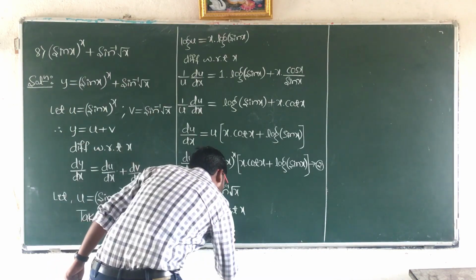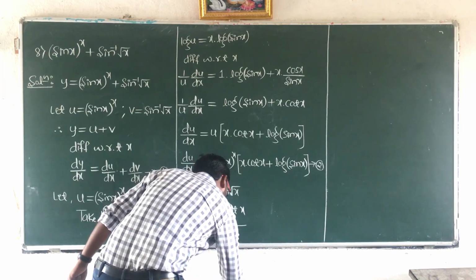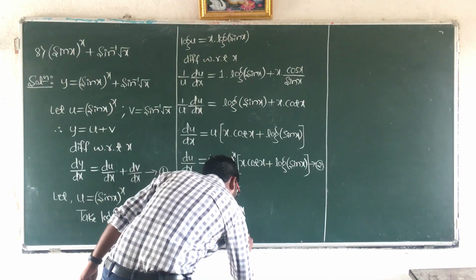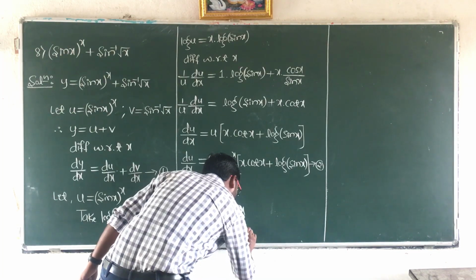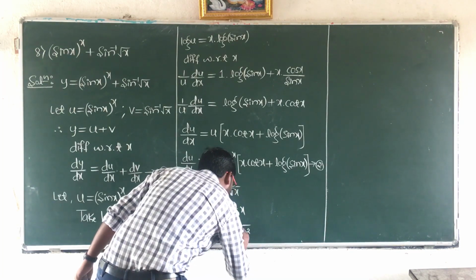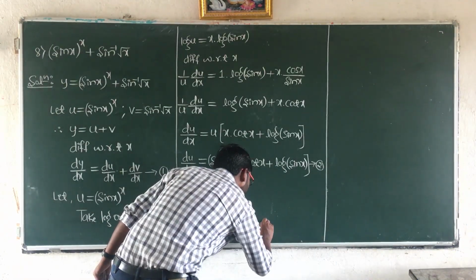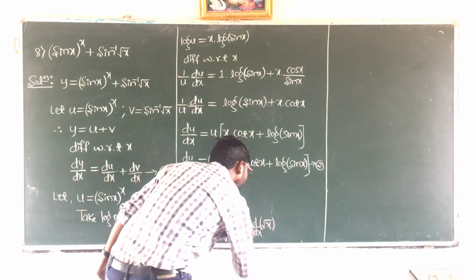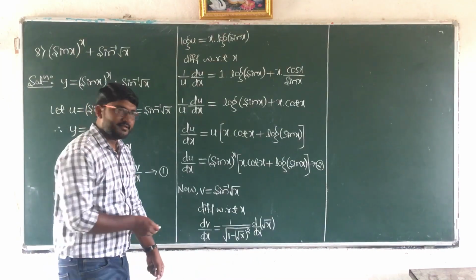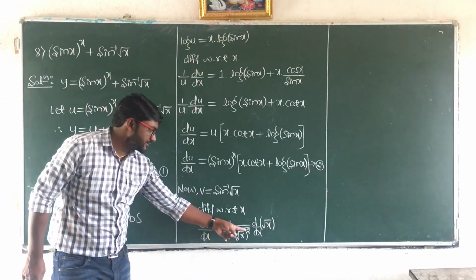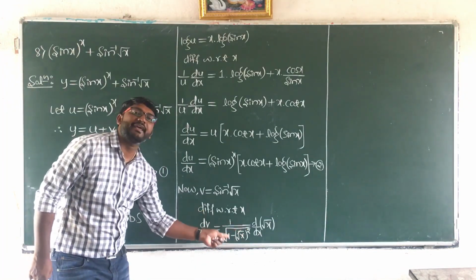What is x here? It is root x, the square, into d by dx of root x, of the inside function. So see here square and root get cancelled. We get only x now.